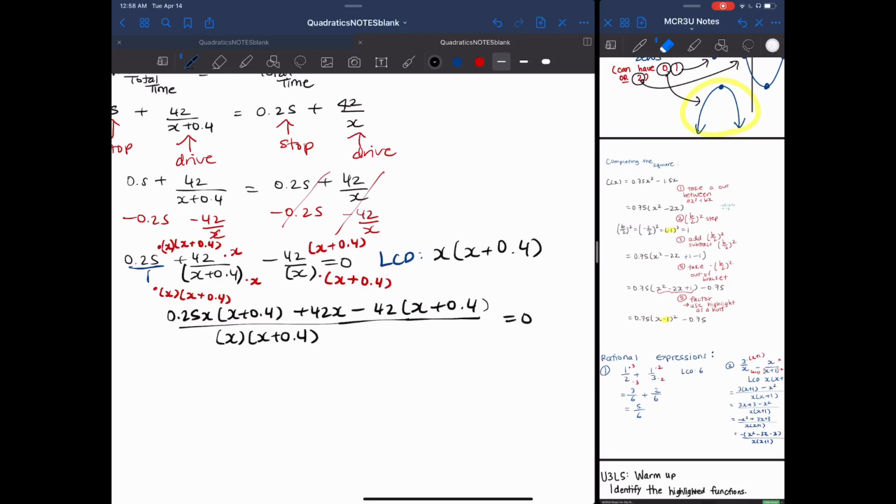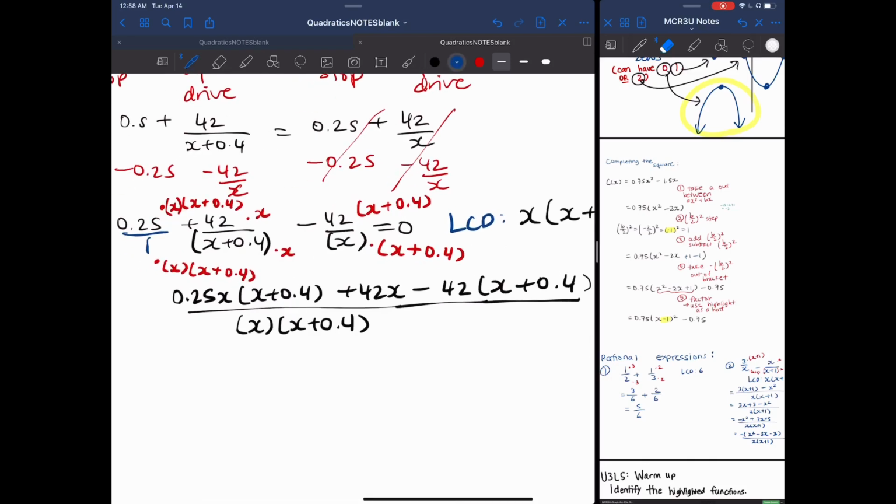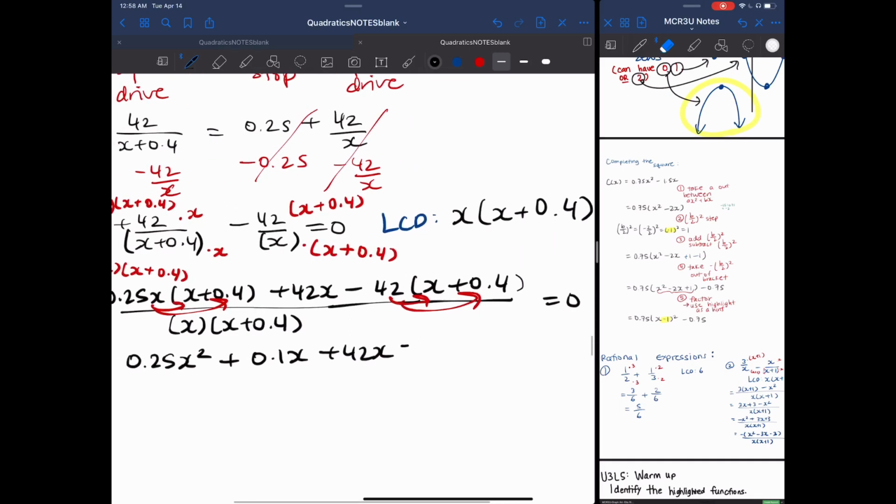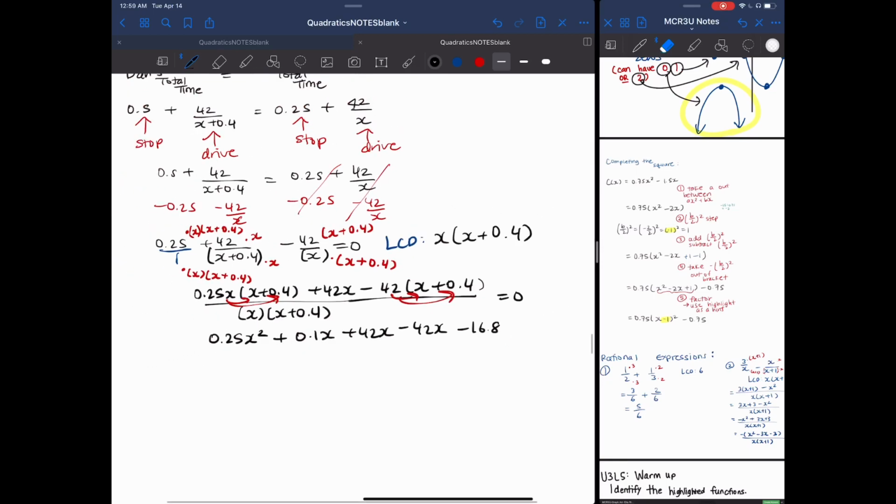So I am going to have to do the distributive property. Right here, I have 0.25x squared, plus 0.1x, plus 42x minus 42x, and then minus 16.8, all over x bracket x plus 0.4 equals 0.